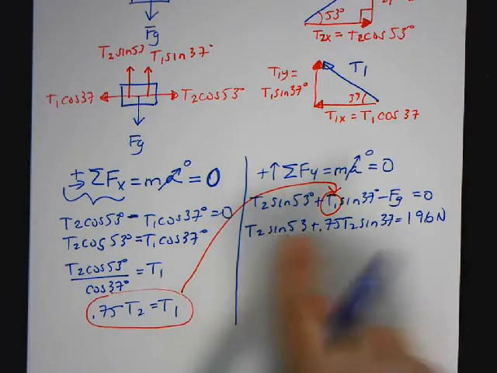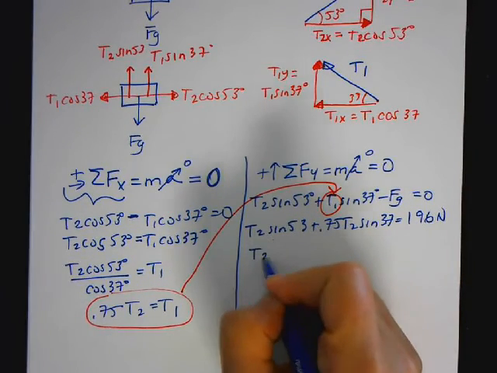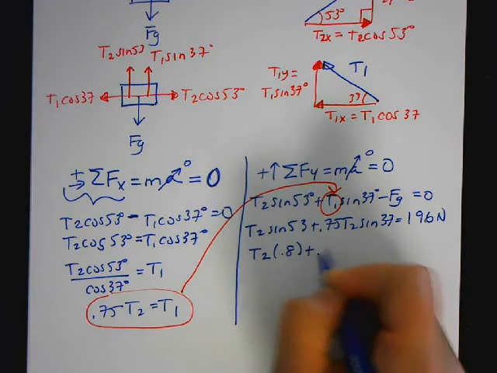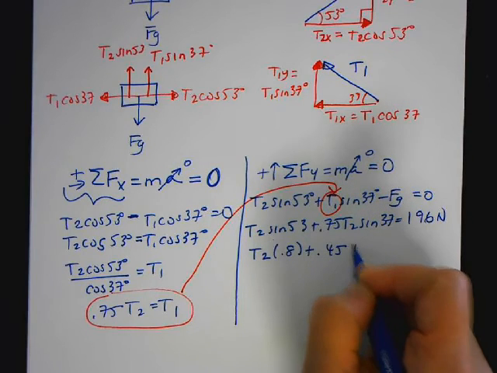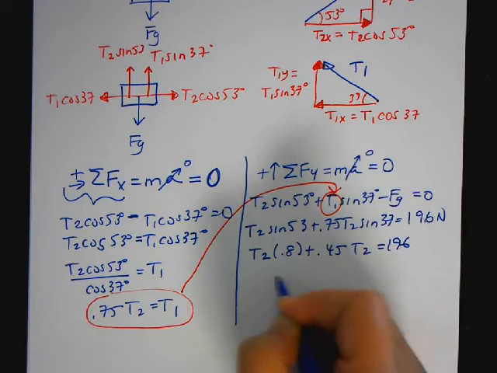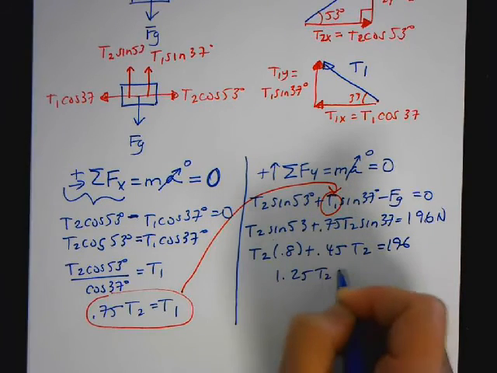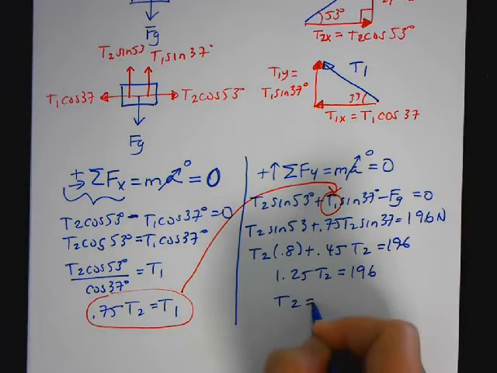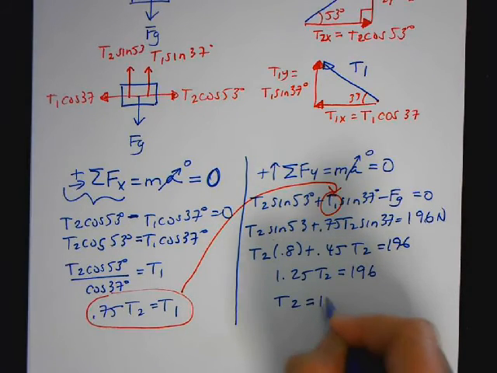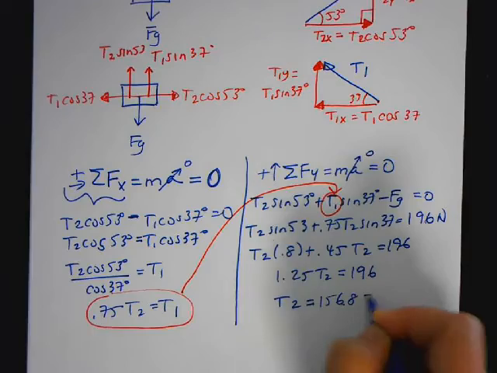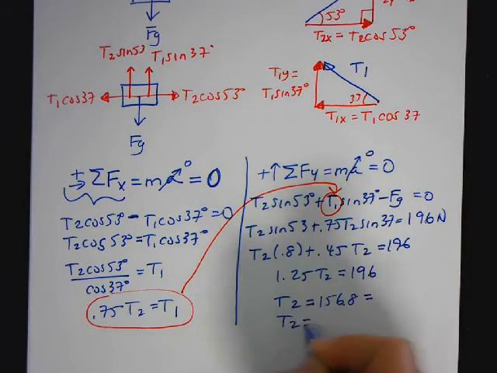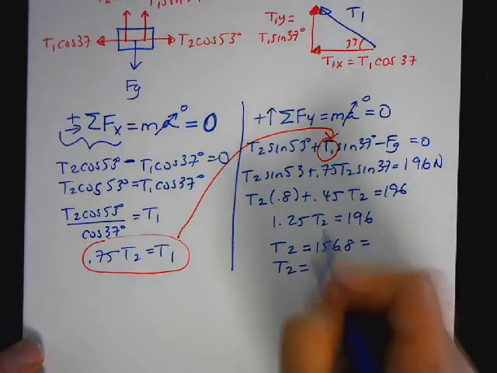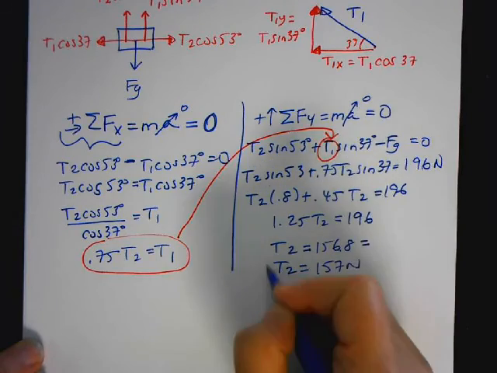Now I'm going to collect all my like terms. So T2 times 0.8 plus 0.45 T2 is 196. So 1.25 T2 is equal to 196. So T2 comes out to be 156.8, so we'll call that T2 is equal to 157 newtons.